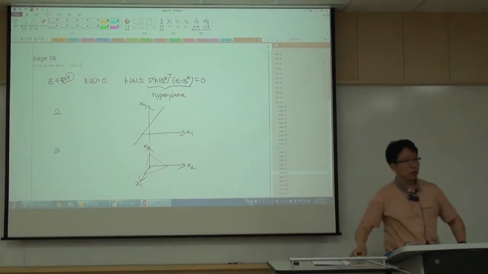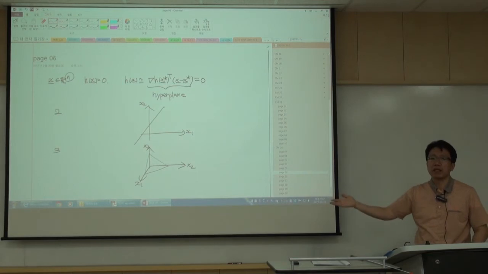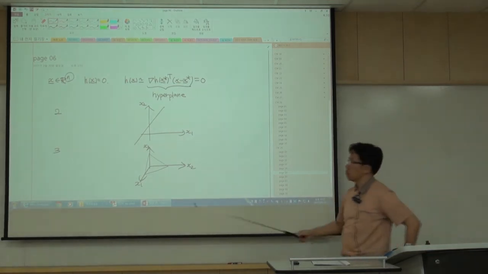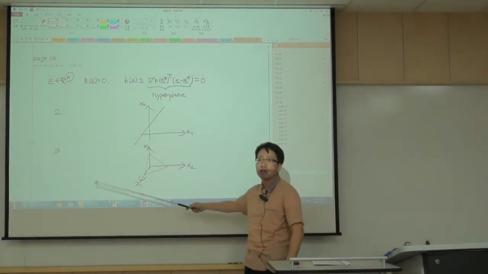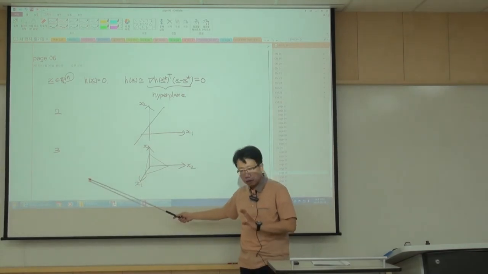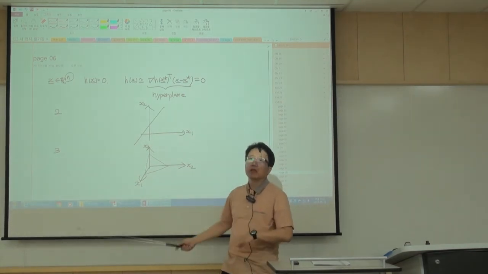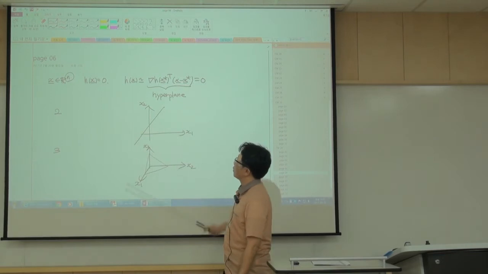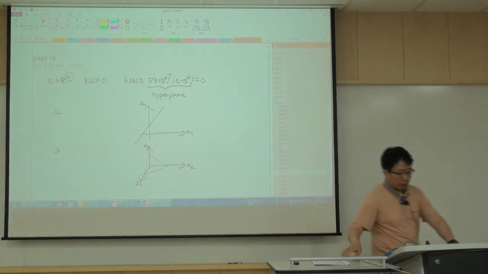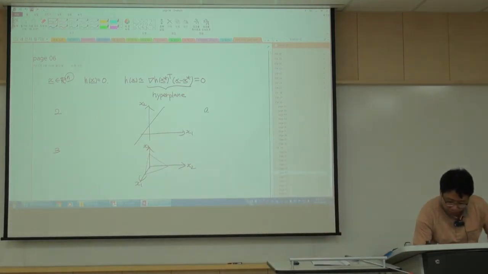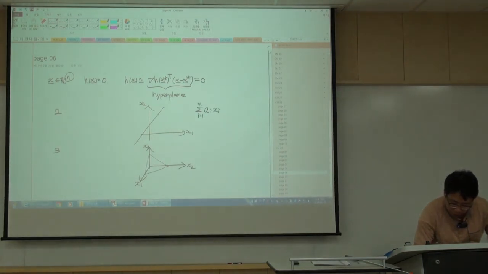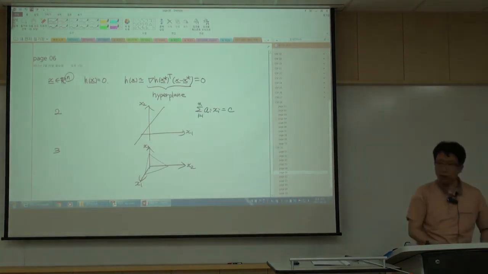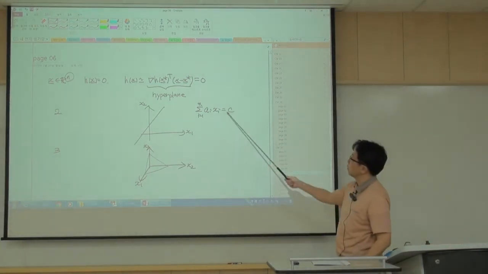Okay? This is a hyperplane. So it's a plane, right? As we say in three-dimensional case. Now in four-dimensional case, five-dimensional, we generalize this one. And they all look like this one. Got it? They all look like this.